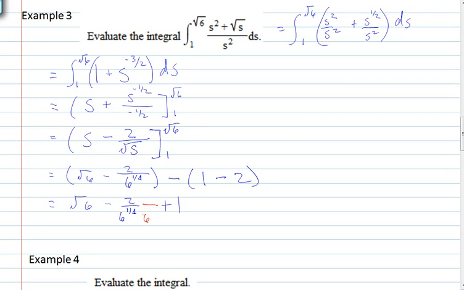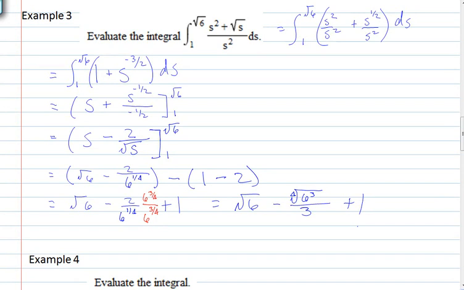Well, when you multiply with a common base, you add the exponents. So that's going to give us the square root of 6 minus, that 2 will cancel with the 6 in the denominator then, and we could write this as the 4th root of 6 cubed over 3. That'll work. Plus 1. This is the exact value.